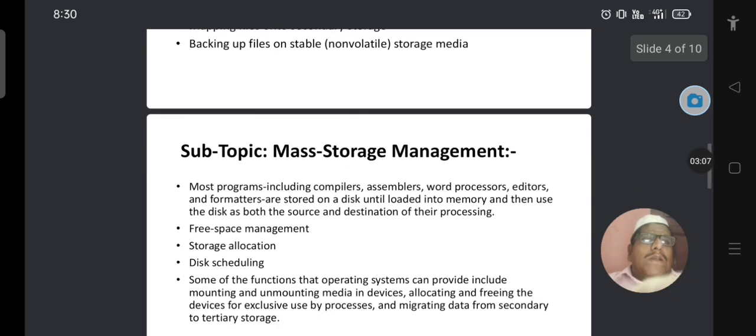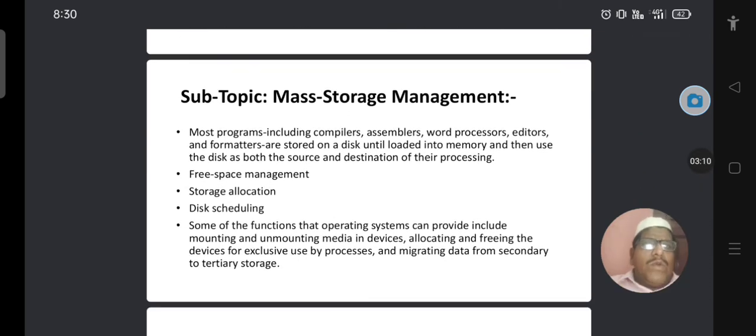Next, mass storage management. Most programs, including compilers, assemblers, word processors, editors, and formatters, are stored on a disk until loaded into memory and then used. The disk is both the source and destination of their processing. Next, free space management, storage allocation, and disk scheduling.